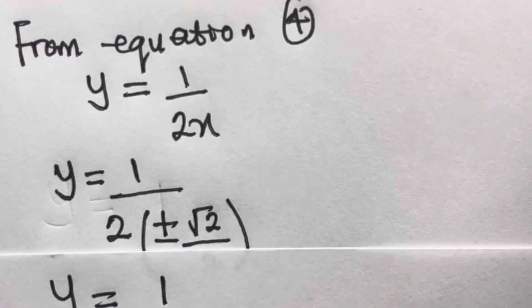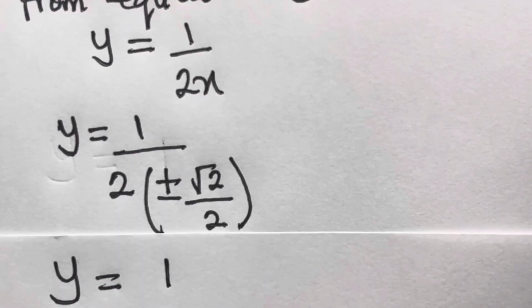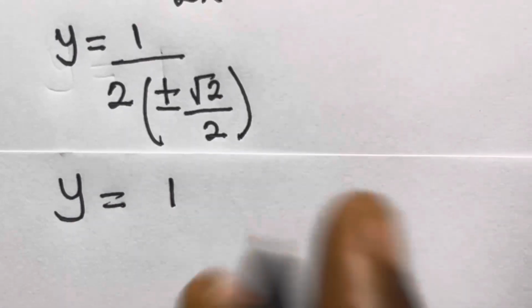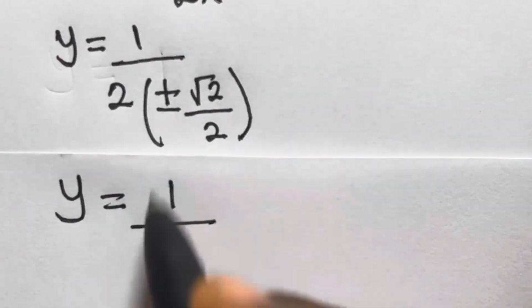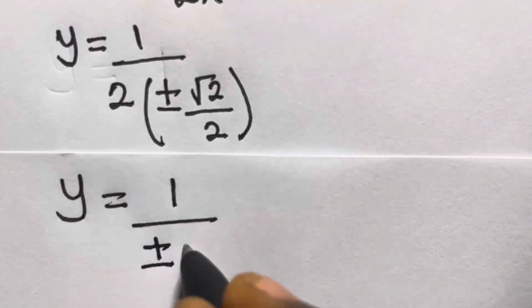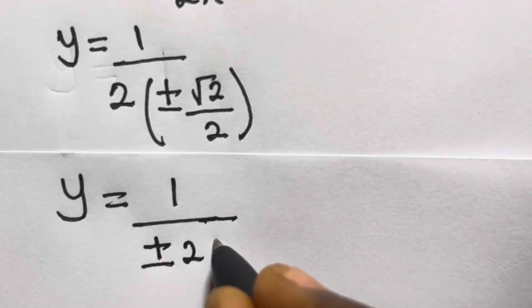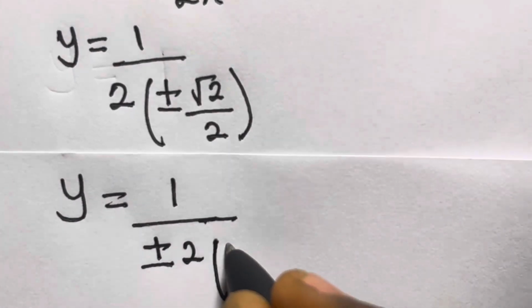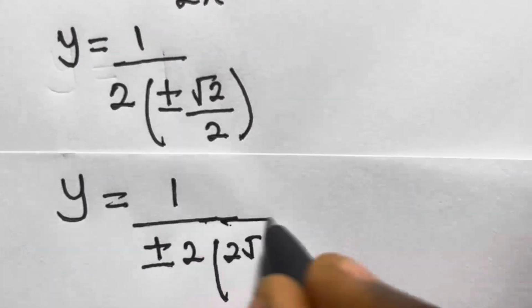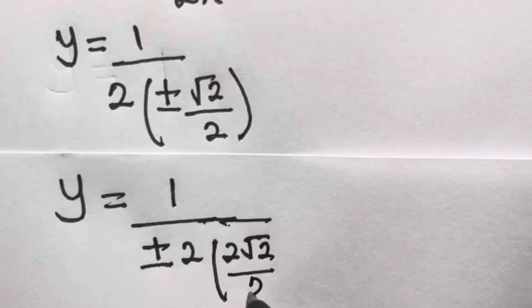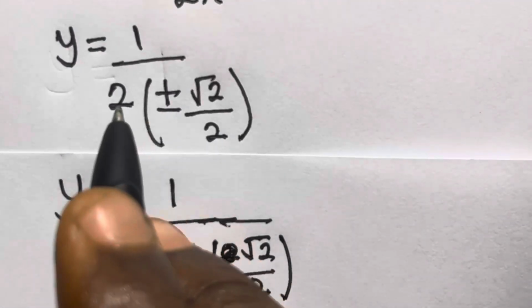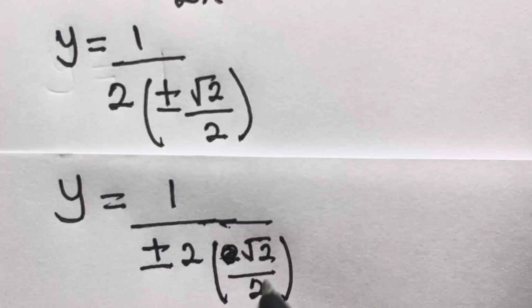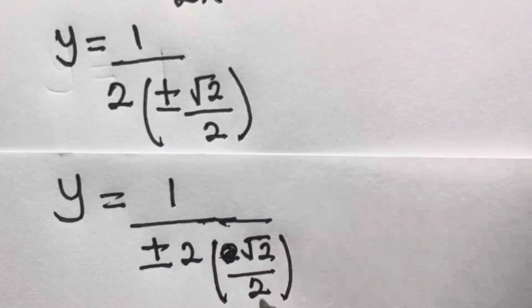So we have this expression: 1 divided by plus or minus, then we have 2 multiplied by root 2 divided by 2. If you look closely, we cancel the 2s.